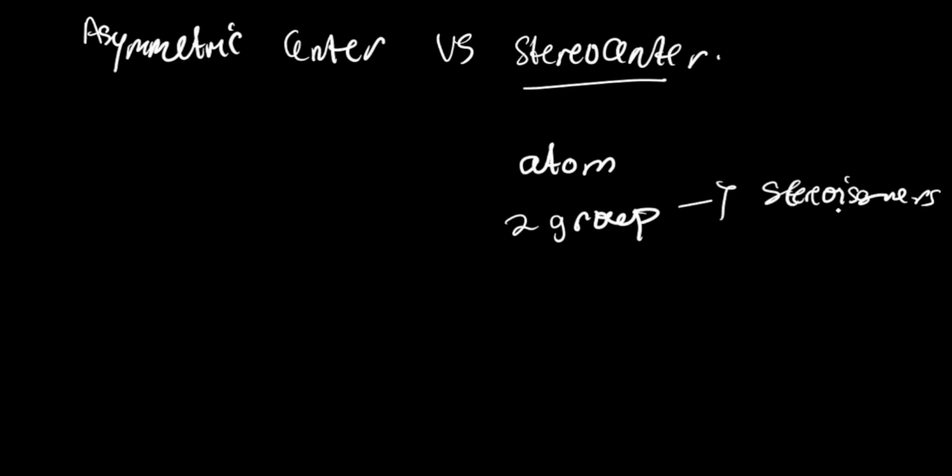Now let's take a look at this. In the example we considered earlier, we had CH3, chlorine, fluorine, and then hydrogen. We said a stereocenter is an atom at which, if 2 groups are interchanged, it leads to the formation of a stereoisomer.